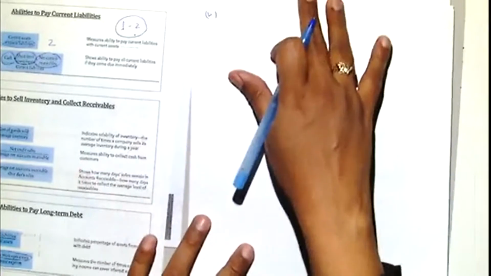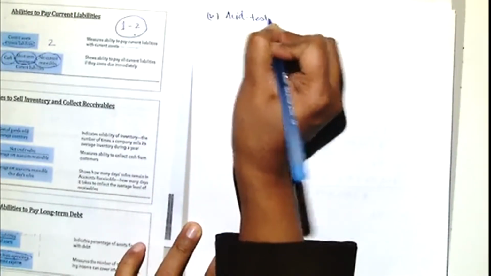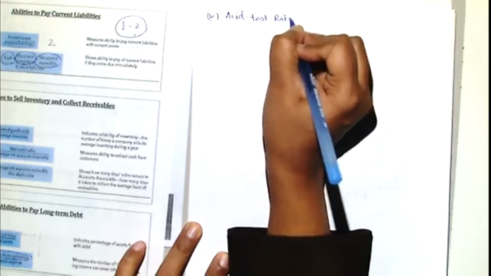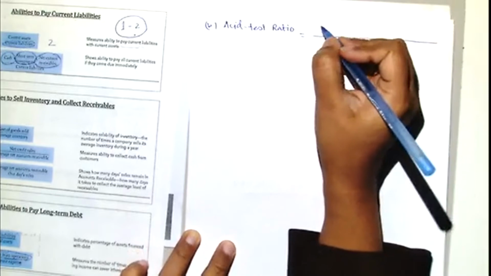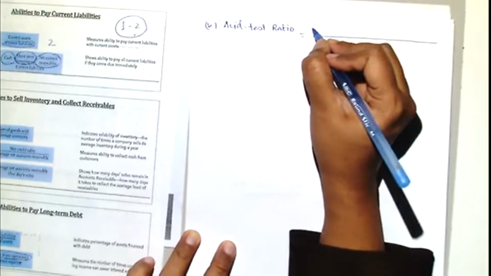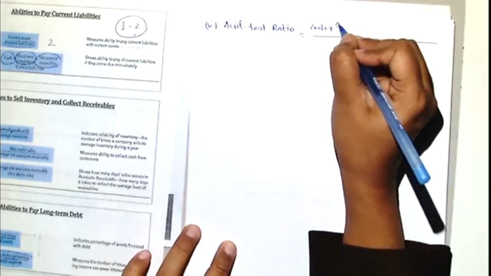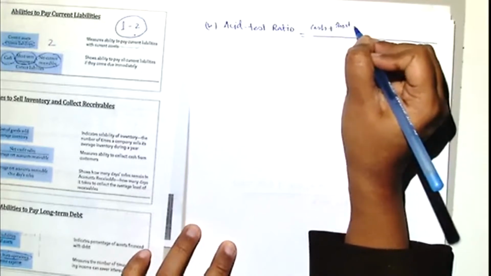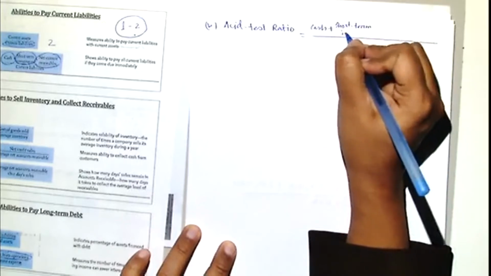So again, write down the formula, please. The top part will be very liquid assets. Of course, all these are current assets. So cash is very liquid. Short-term investment is also liquid. You can sell it anytime and convert it into cash.